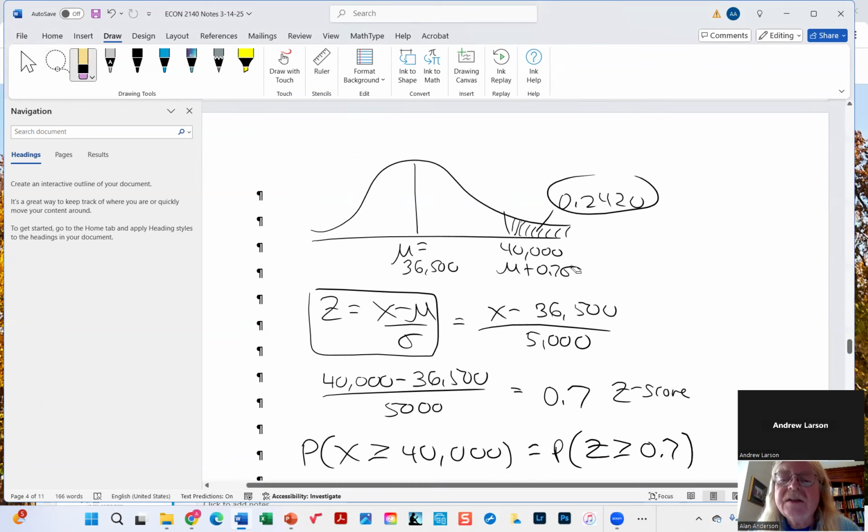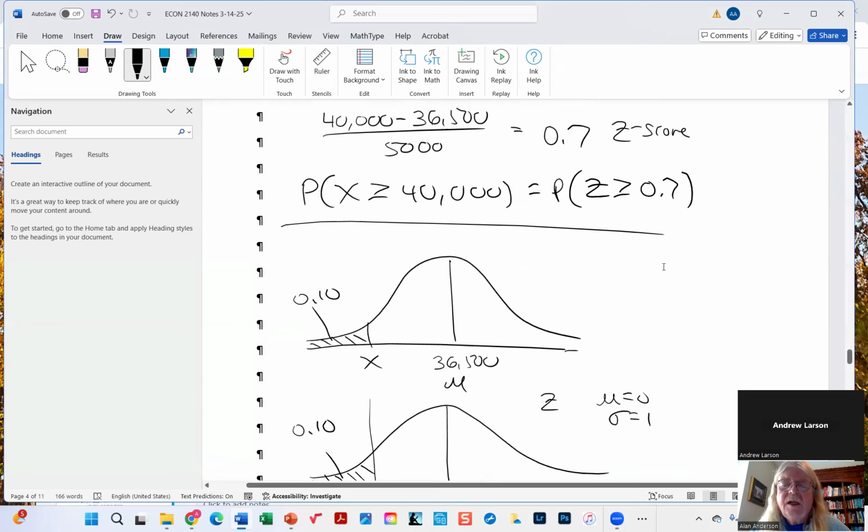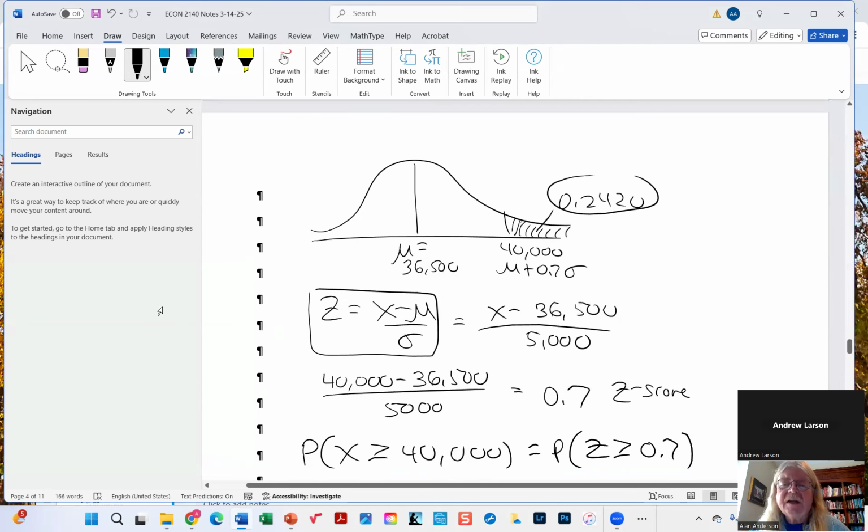Now, if you plug that into your calculator, you'll get the same number. You get that 0.2420. But if you wanted to double check, you could do this.